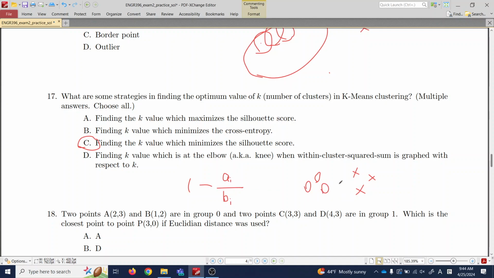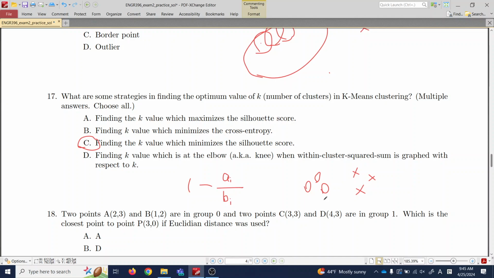You take this distance, this distance, this distance. That's your average value for b_i. Now, if this really is clustered, you would expect that b_i is much bigger than a_i, don't you think? Right? There are cases where a_i does become bigger than b_i, and that's not good.